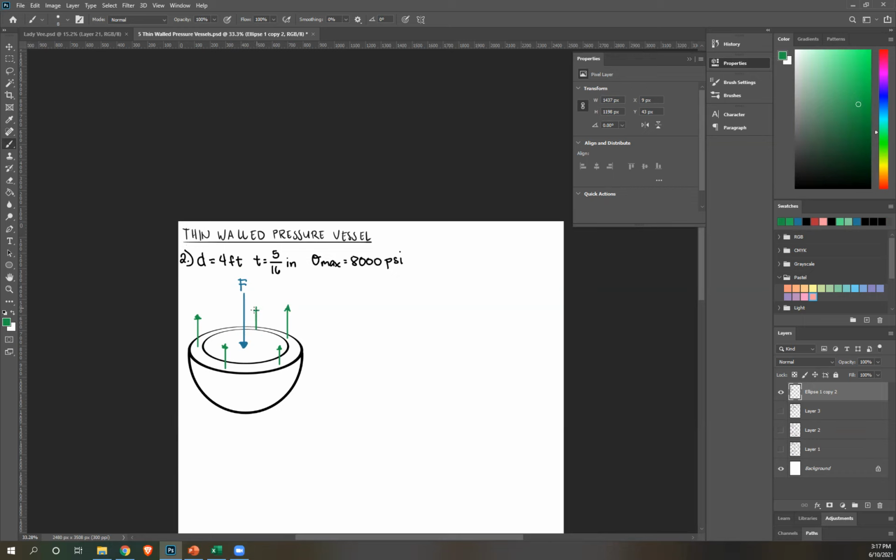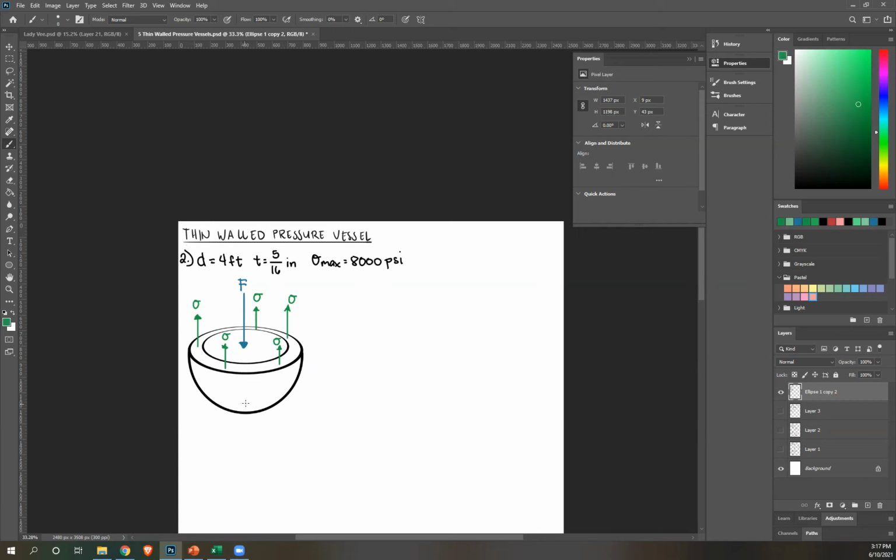Because of this force and these reactions, that reaction creates stress in your material. So that's your stress, there's stress within the material. And this force will actually be repelled by the combination of the forces along this circumference here.